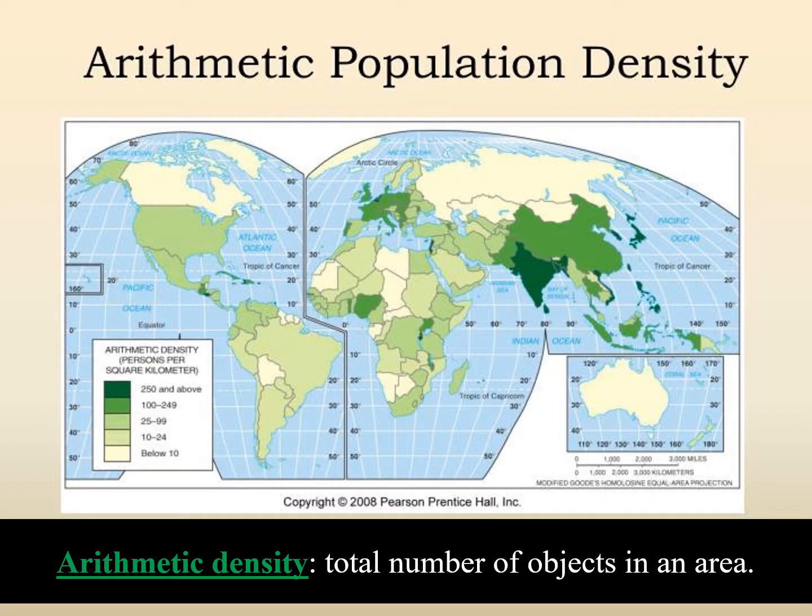There are 3 different ways that we look at density. The first is called arithmetic density, which is the total number of objects in an area. So in order to do that, you take the entire population for a region and you divide that by the entire land area for that region. So you see here a map of arithmetic density around the world, and from it we can see that certain Asian and European countries are much more densely populated than the American or African countries.